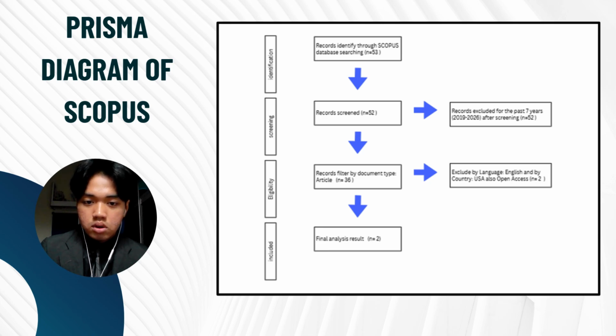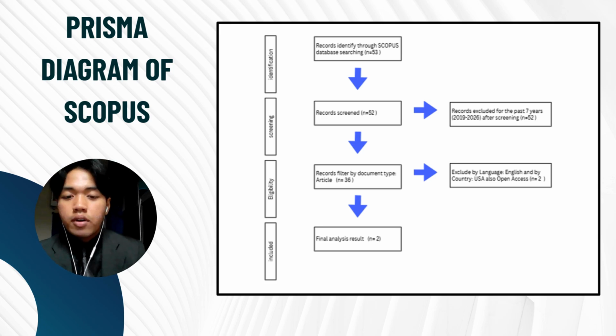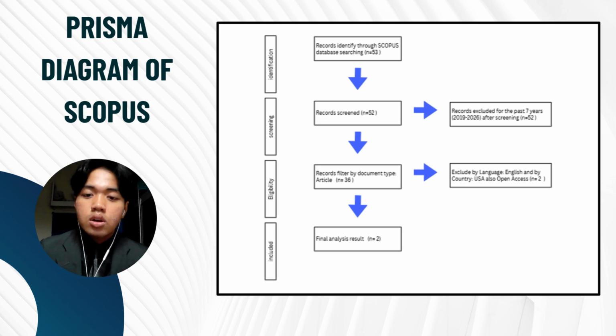After all the filtering and processes we just did, the final result we got is only two documents found. So this PRISMA diagram of Scopus alone shows that a really good filtering process can really help us look for specific documents for our research.